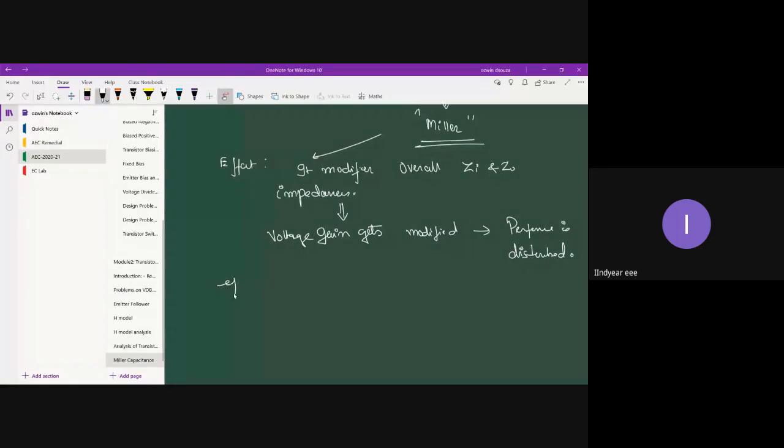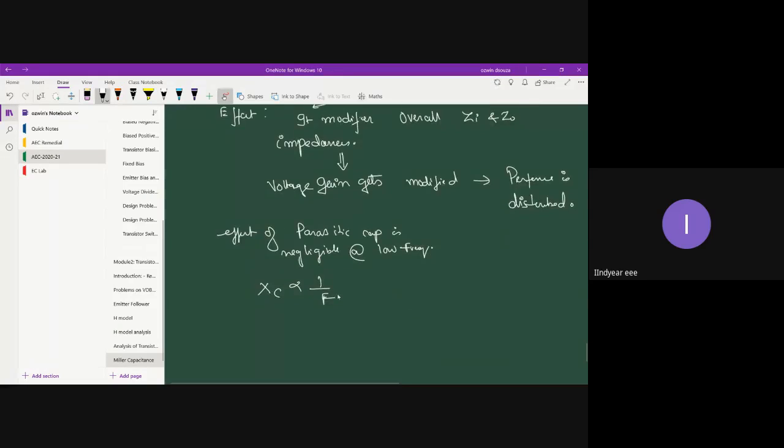Now, the effect of parasitic capacitance is negligible at low frequency. That's because Xc is inversely proportional to f. So when frequency is low, Xc is very large. So your parasitic capacitance is an open circuit at low frequencies.